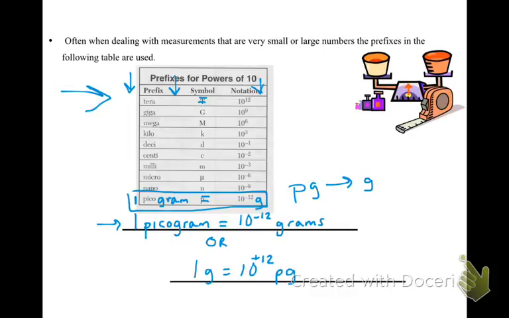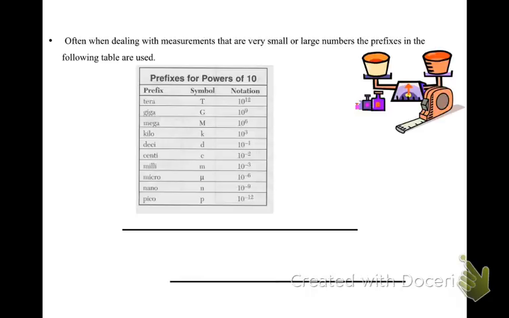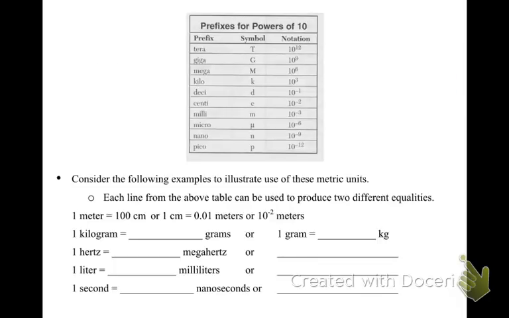We now have 1 gram, so we took our base unit and placed a 1 in front of our base unit, and in order to do that, to get what our prefixed unit is equal to, we just took the notation and made it positive, or the opposite value. Either way, whatever you would like to do works. Just know that you have to be able to create conversion factors and utilize them. Okay, so let's move on to some practice here.